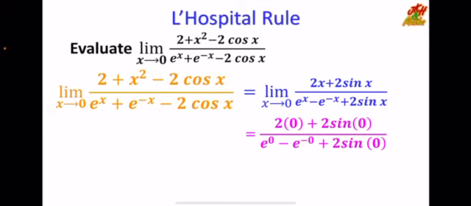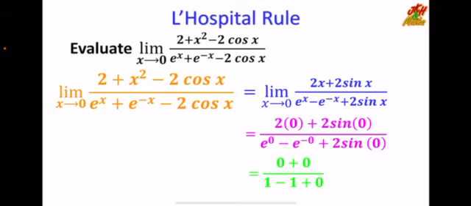Let us substitute the value of x equal to 0 into the limit. So we will have the numerator equal to 2 multiplied by 0 plus 2 sine 0, over e to the power of 0 minus e to the power of negative 0 plus 2 sine 0.